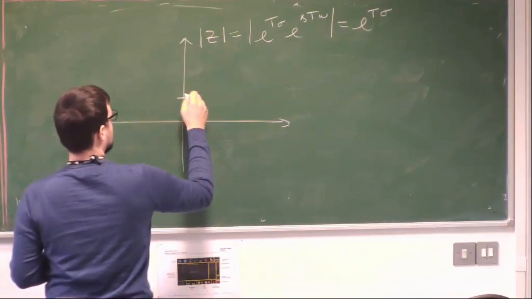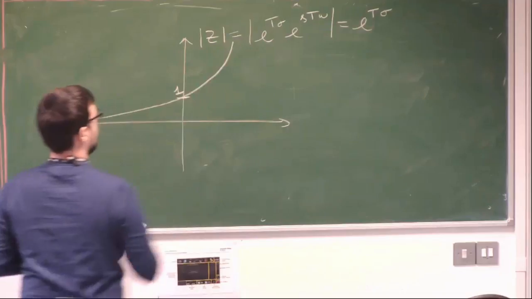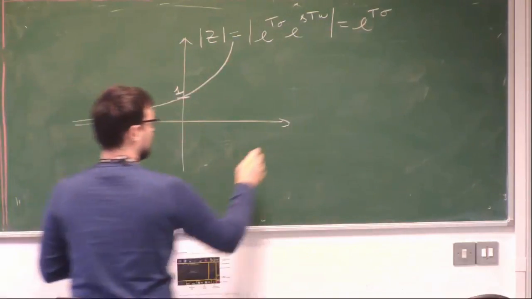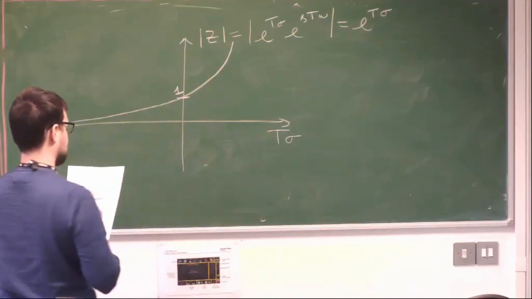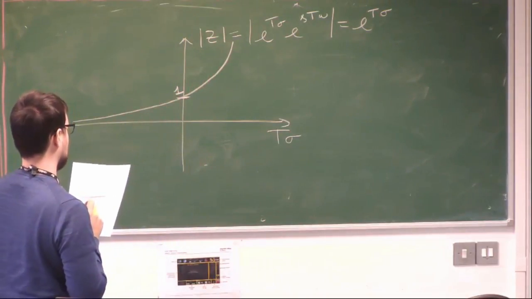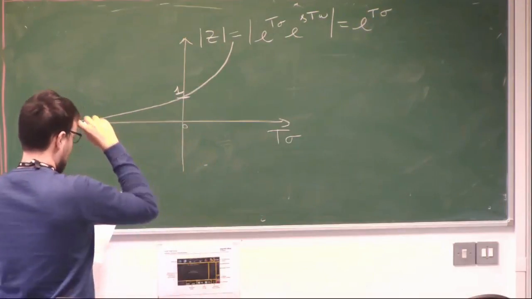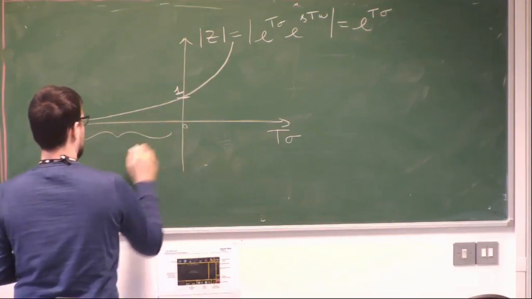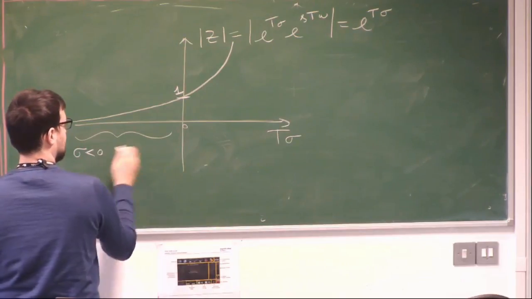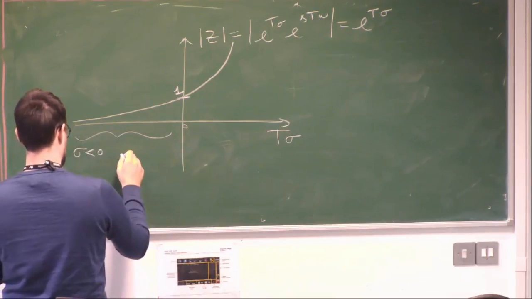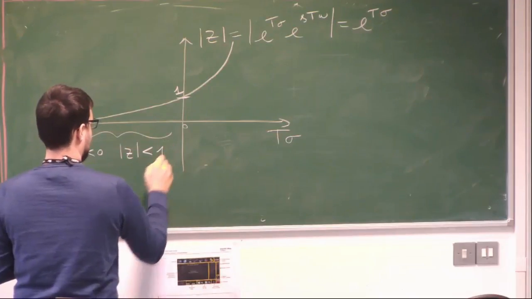So these correspond to this function over here, where on this axis we have t sigma, and on this axis we have the absolute value of z. So here we have 0. And we see that for sigma less than 0, the absolute value of z is less than 1.